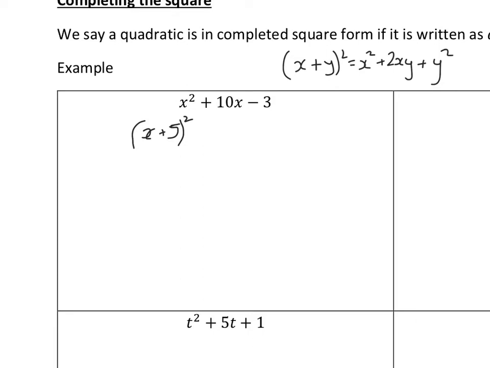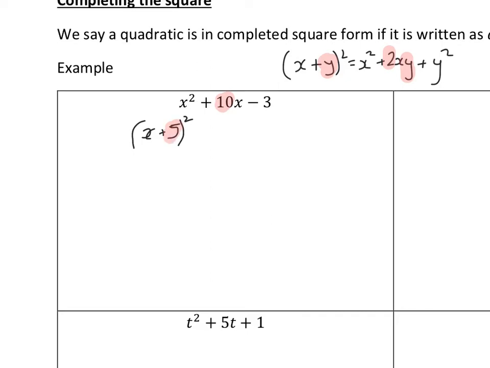So I get 2y times x. Here's 2y. So if I want to get what number will go in the bracket, I have to half the number in front of the x. So it's a 10 there, so I half it and get 5.